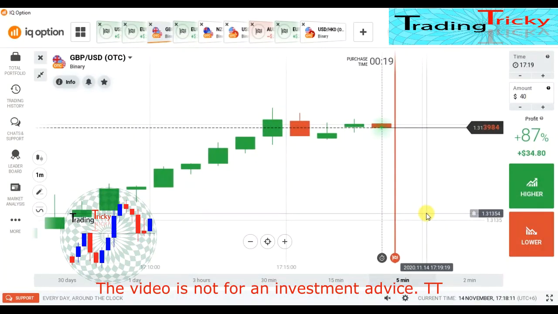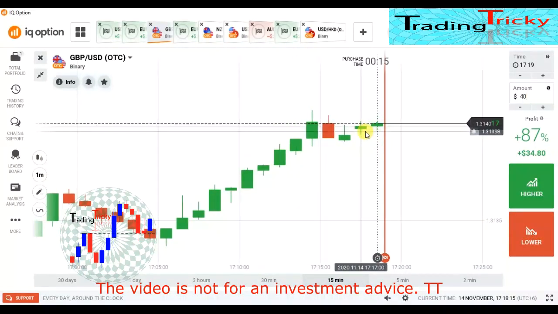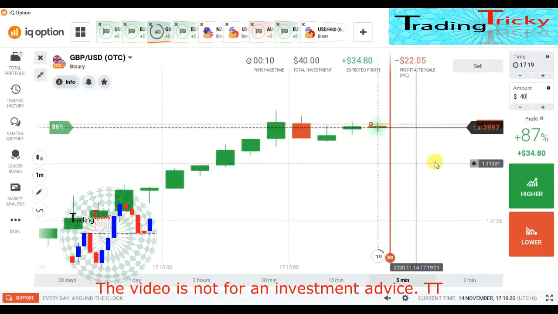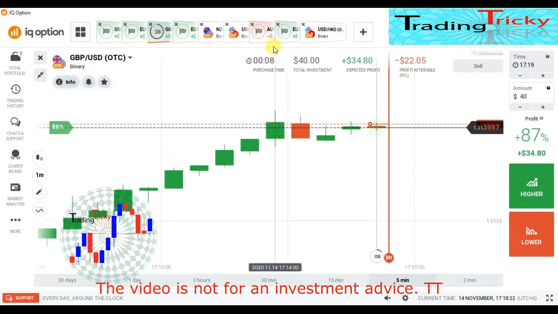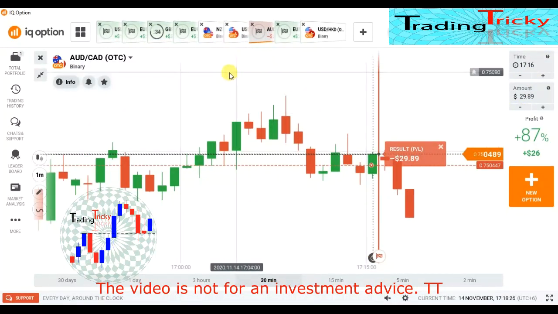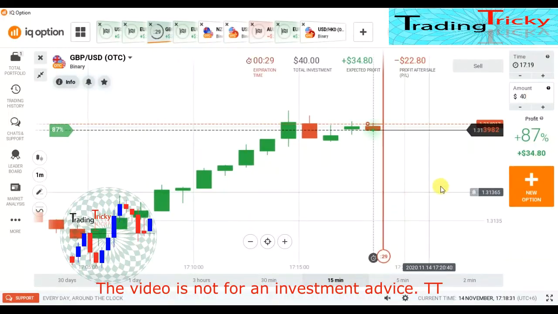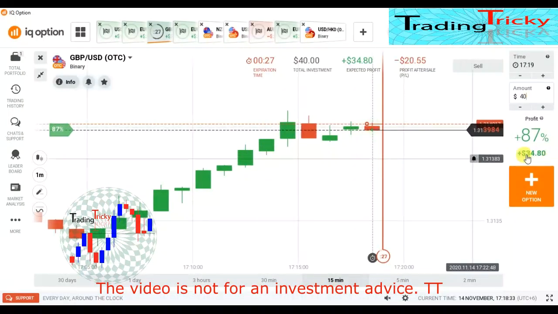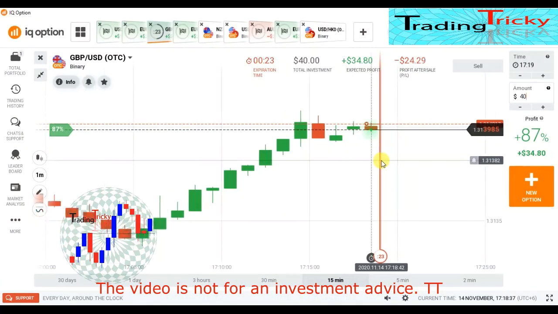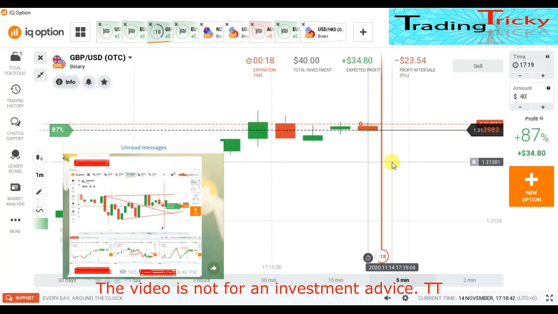No confirmation yet, because I'm considering 5-second candlesticks. Okay, I decide to go with sellers with $40 because I lost the previous trade of $30. So that's the reason. If I win, then I can recover my previous loss. Okay, let's see. Still we have 20 seconds.